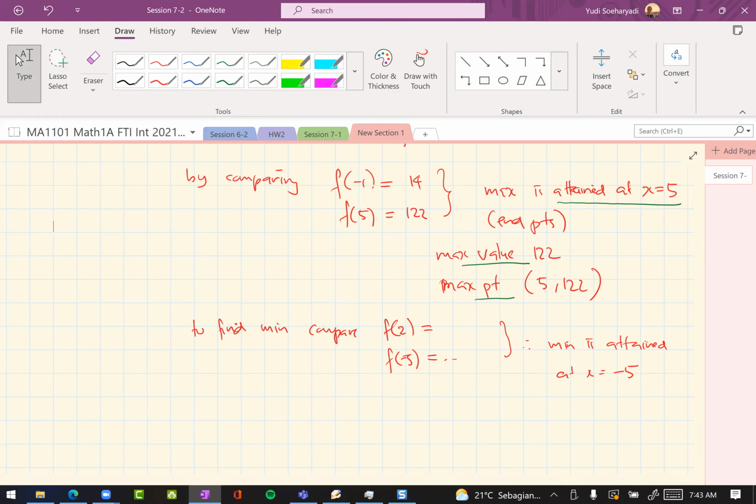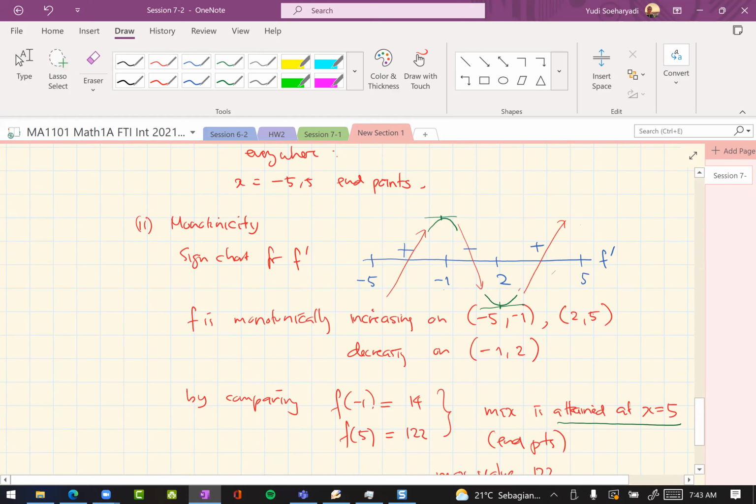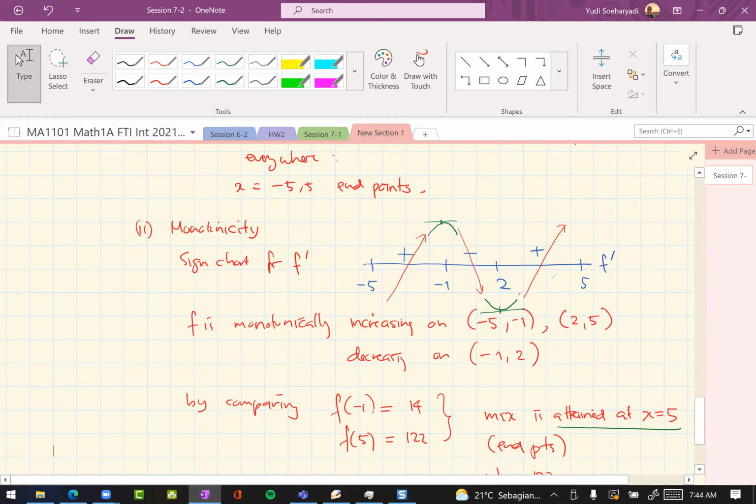All right. So first we would call this stuff here, say this is local. This looks like a max, but the max turned out to be here, right?